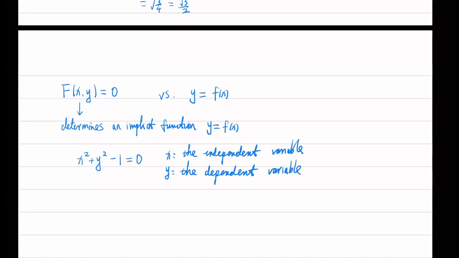We will take a derivative. When we take a derivative with respect to x, Sophia, what's the derivative of x squared with respect to x? 2x.